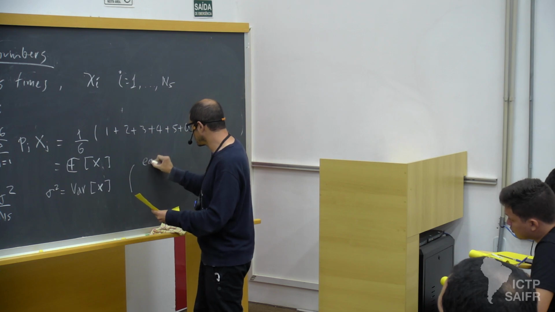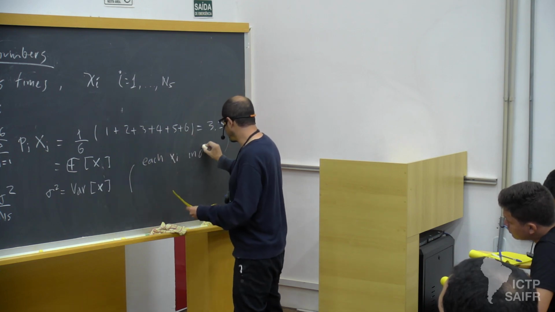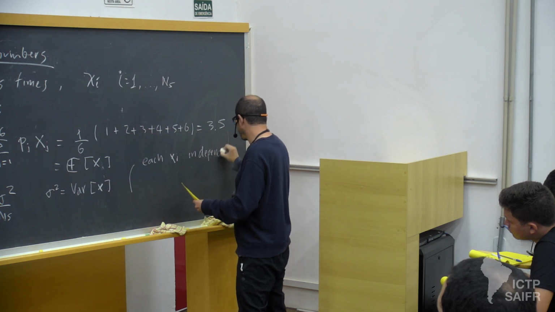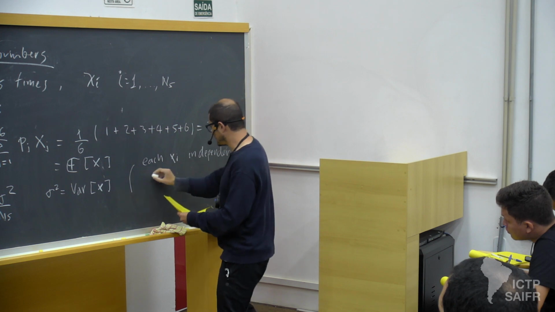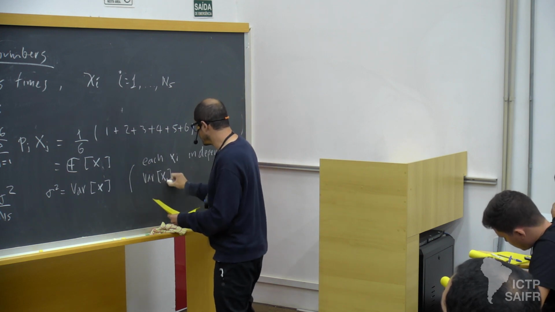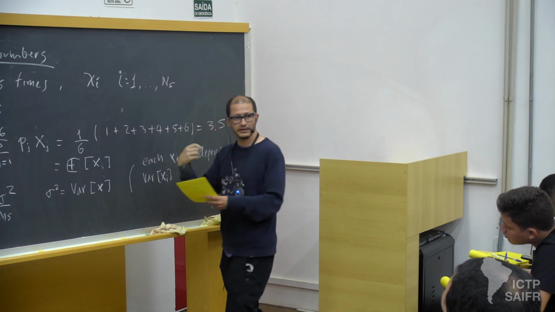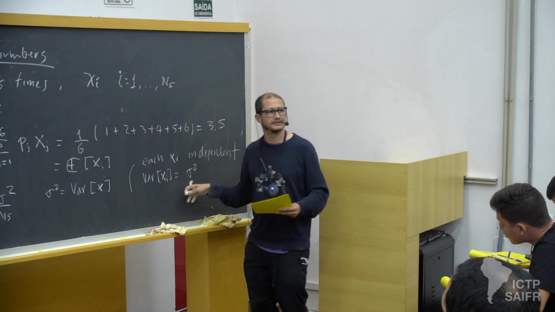So each x_i is independent, and the variance of each of the trials is finite and equals sigma squared, okay?